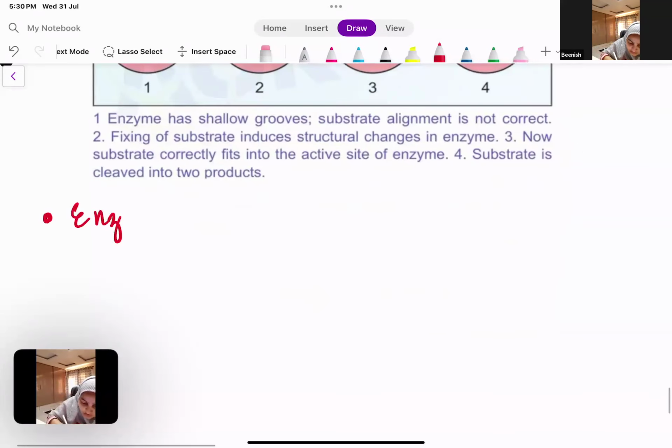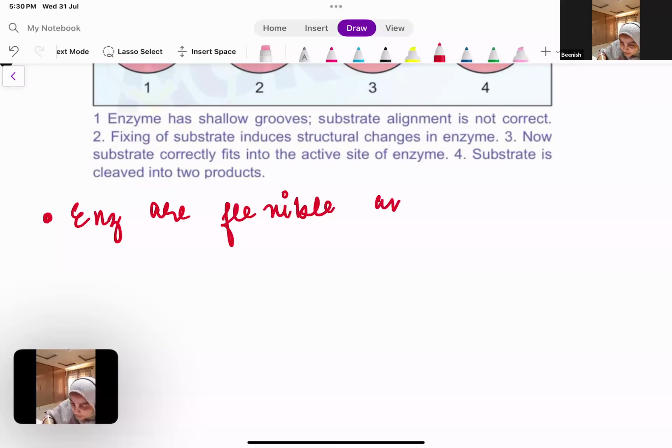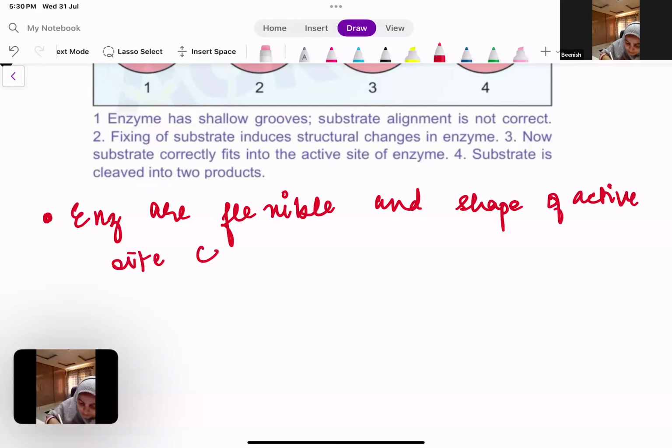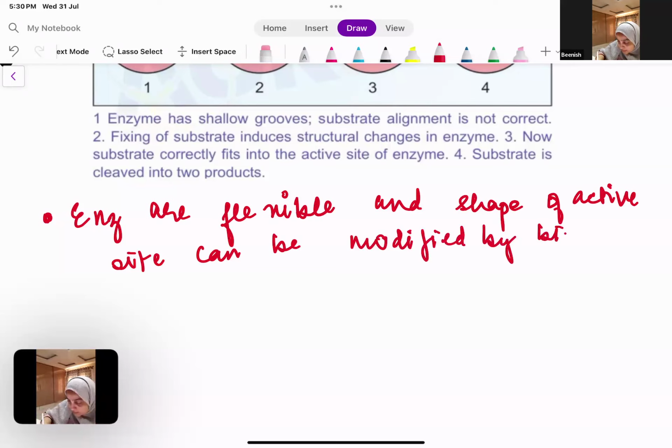According to this theory, enzymes are flexible and the shape of the active site can be modified by binding of the substrate.